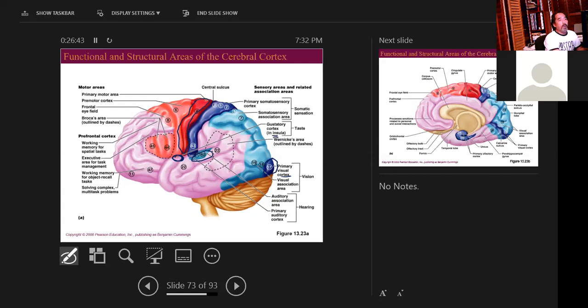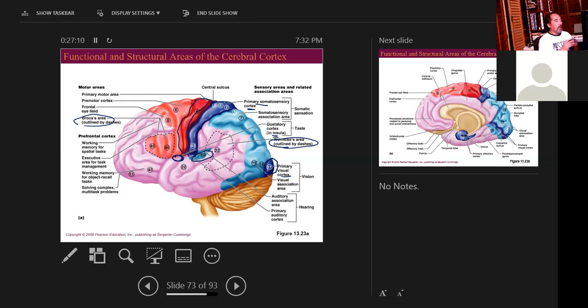We call it the primary motor cortex. Sensory of the body, like somebody pinches you in the arm or the leg, that is controlled by the primary somatosensory cortex. Then we have here the Broca's area, which is about speech, and the Wernicke's. So speech is actually located in that area. I'm not going to ask you to map it. I just showed you that the cerebral cortex has already been divided by function.